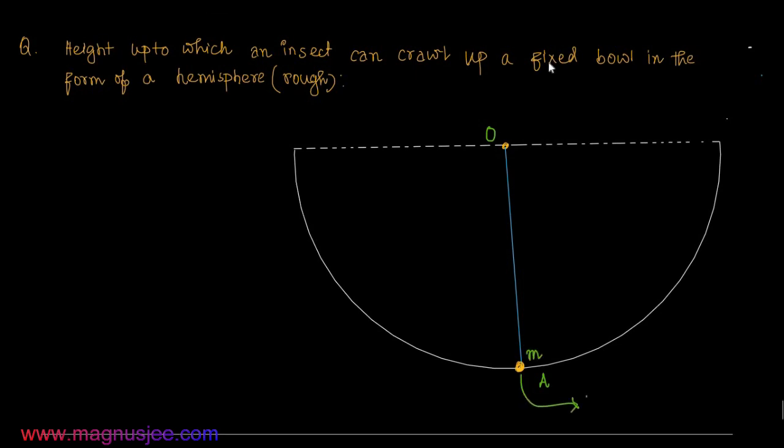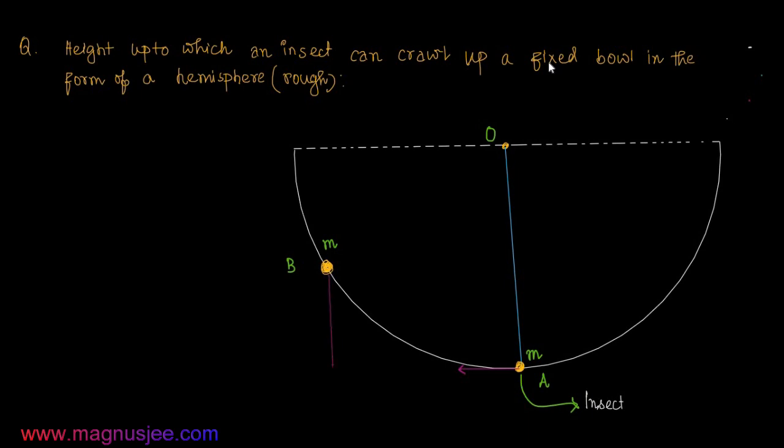An insect of mass M is at the point A. The insect crawls up the hemispherical bowl from the point A to B, along the hemispherical surface.